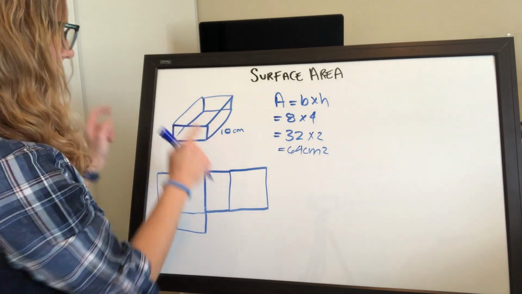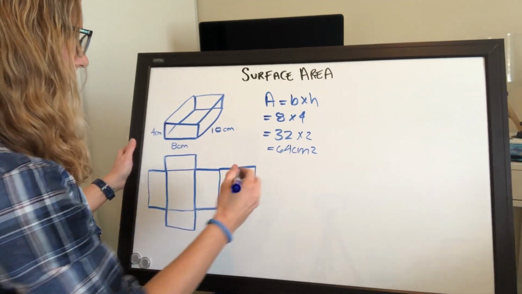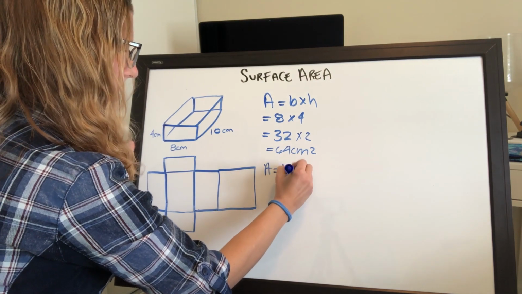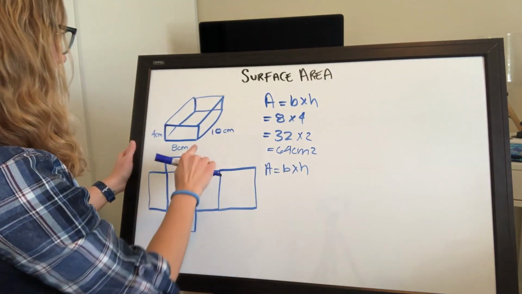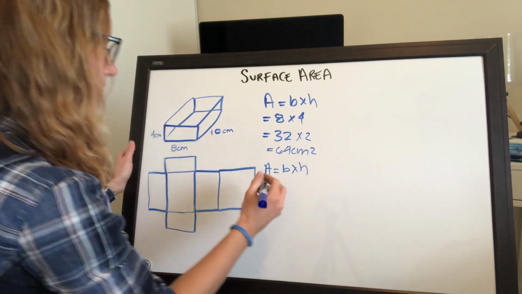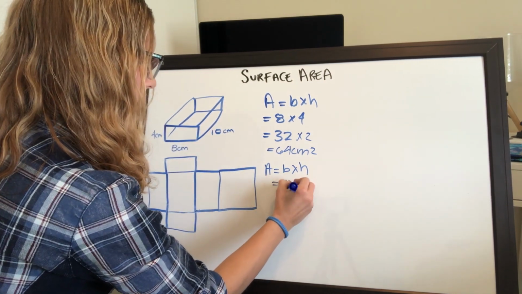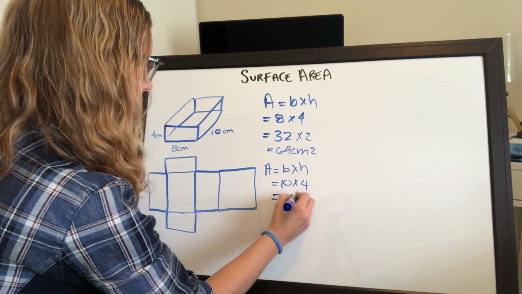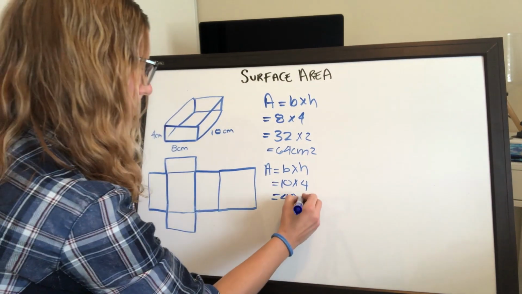Now let's do the side ones. So these guys right here. So area equals base times height. So we've got a base of 10 and 4. So 10 times 4 is 40. And there's 2 of them.